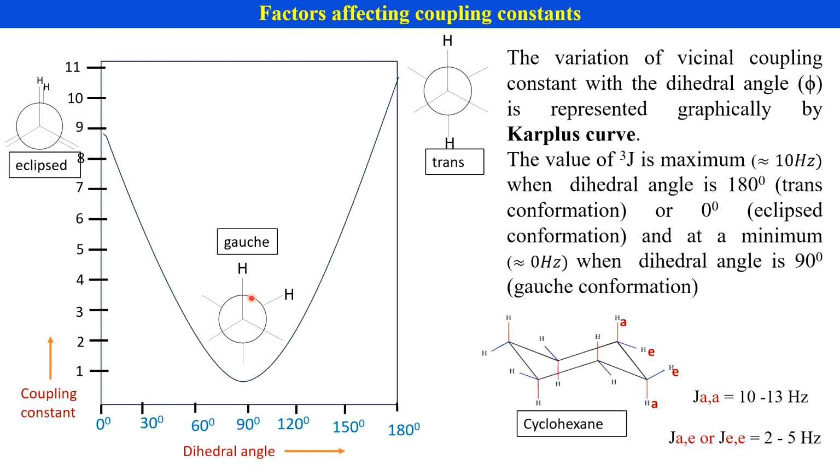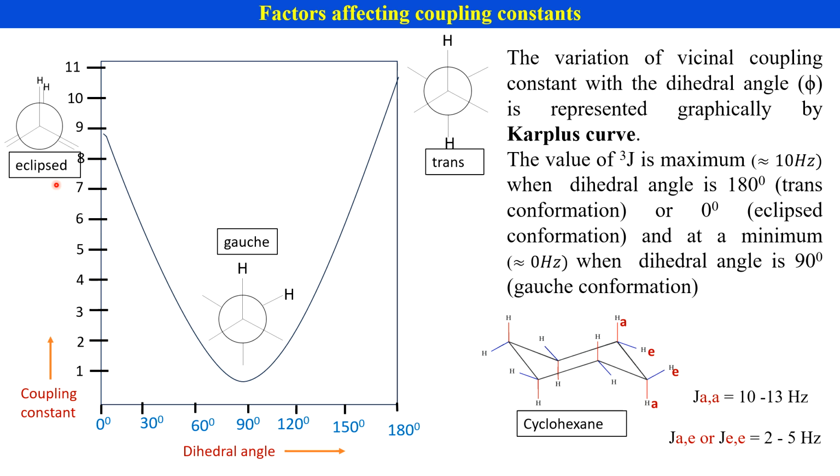By this curve, we see that the value of vicinal coupling constant is maximum, that is about 10 Hertz, when the dihedral angle is 180 degree, that is a trans conformation or staggered conformation. Or it is also nearer to 10 when the dihedral angle is 0 degree or eclipsed conformation.